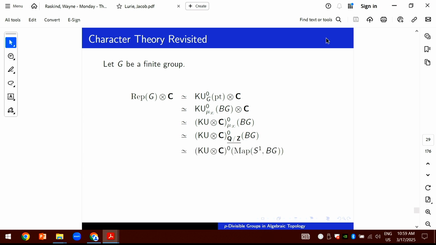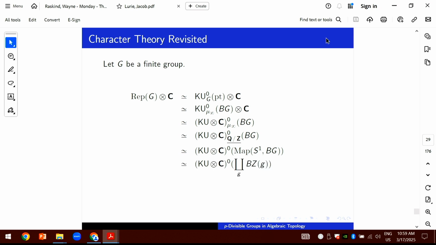And now I told you what happens when you take tempered cohomology for Q mod Z. You just get the cohomology, but not of your space, but of its free loop space, maps from a circle into BG. And because BG has only one homotopy group, you can very easily describe the space of maps from a circle into BG.